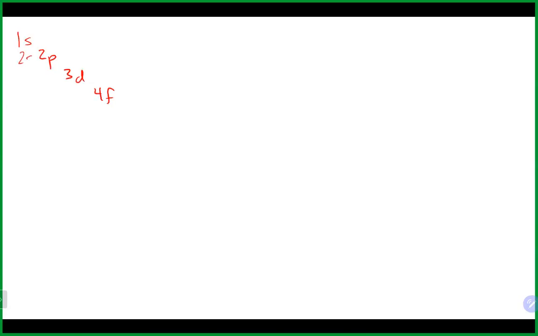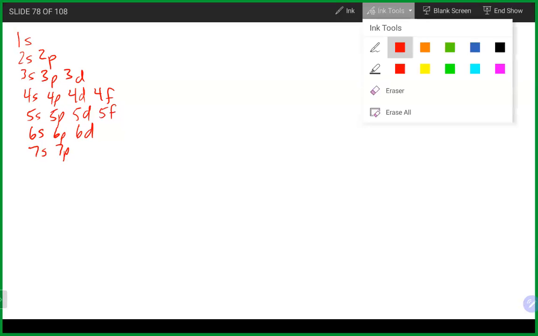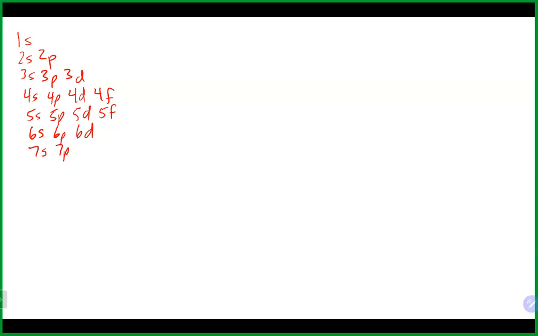So again, 2s, 3s, 4s, 5s, 6s, and 7s, 2p, 3p, 4p, 5p, 6p, 7p, 3d, 4d, 5d, 6d, and 5f. And again, I just very quickly recreated that, and it's a very good thing. So let's take a look and see how we write electron configuration properly.